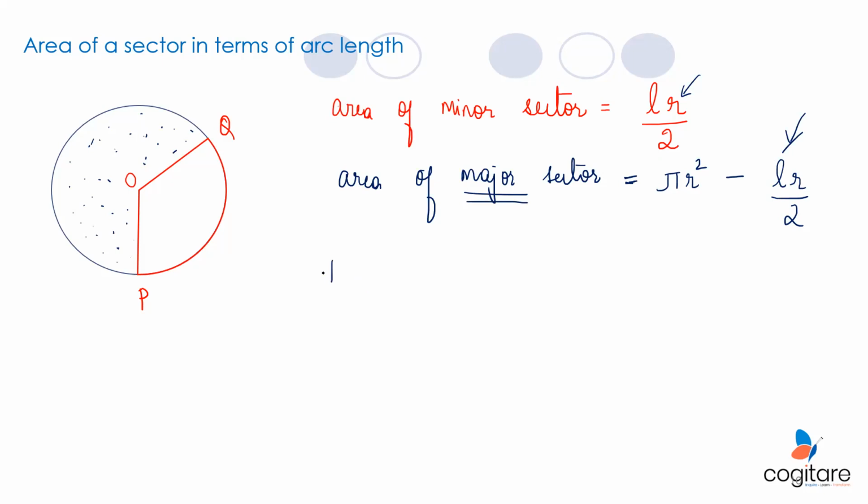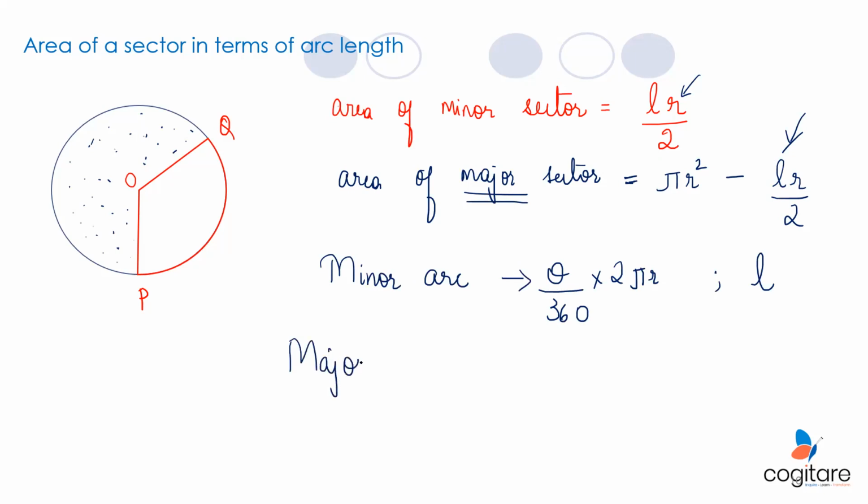So as long as you know one, you can find the other, and the same applies to arc lengths also. If you know the arc length of a minor arc, which is either in terms of the central angle, theta by 360 into 2 pi r, or just arc length L, whichever be it, the major arc is given by what?